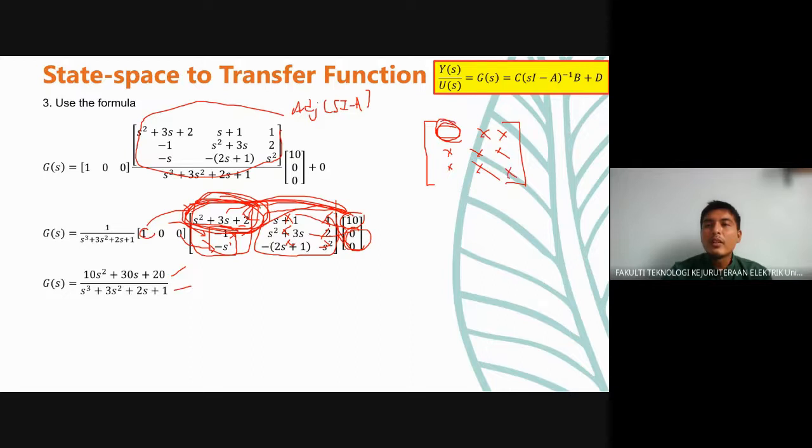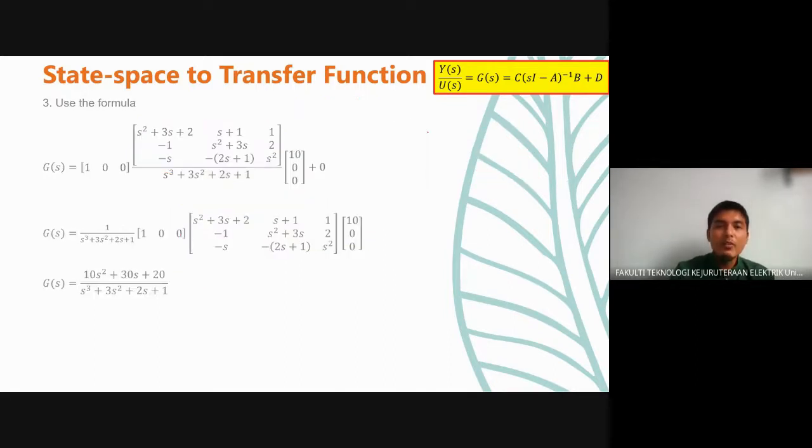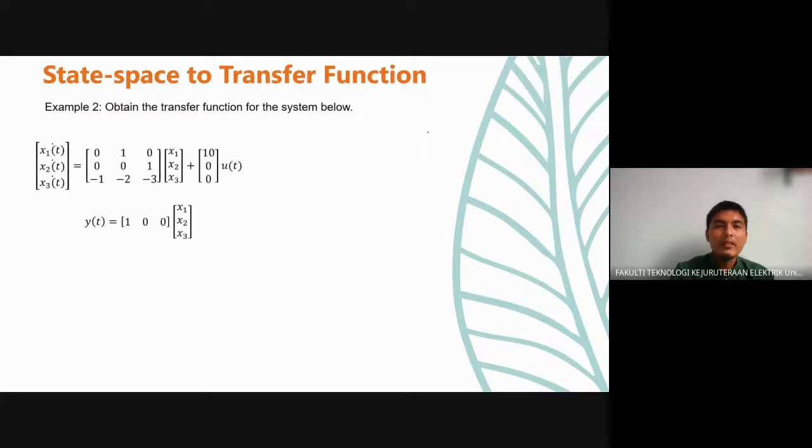You just need to calculate this area, so you will save your time in order to solve the question. Because everything here will just multiply with 0, it would be a waste of time. Just calculate this area for the adjoint of sI minus A. Okay, maybe I can show you what's the meaning of that.